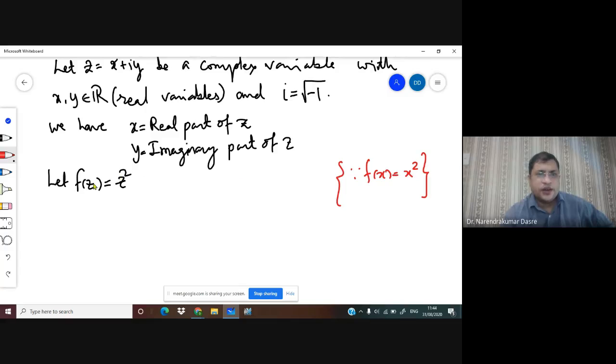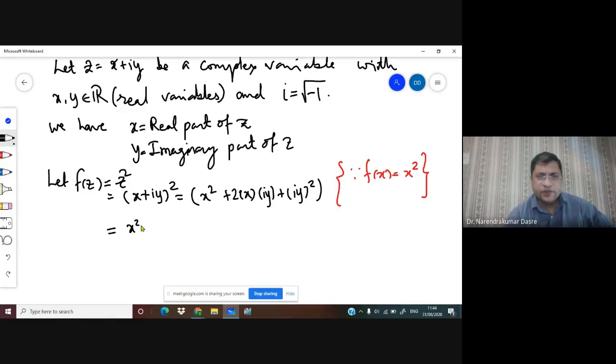Now we have to extend to the complex variable, so we consider z as a variable. But what we know is z is x plus iy, bracket square. So simplify this. We know (a plus b) whole square is a square plus 2ab plus b square.